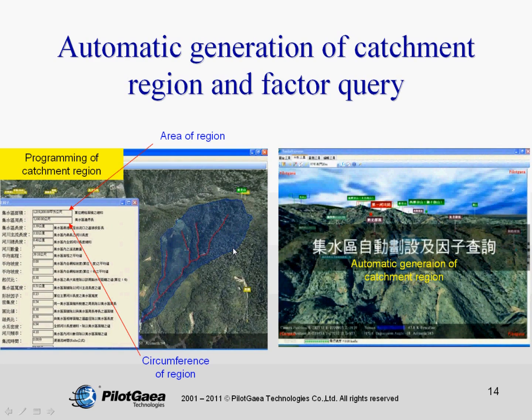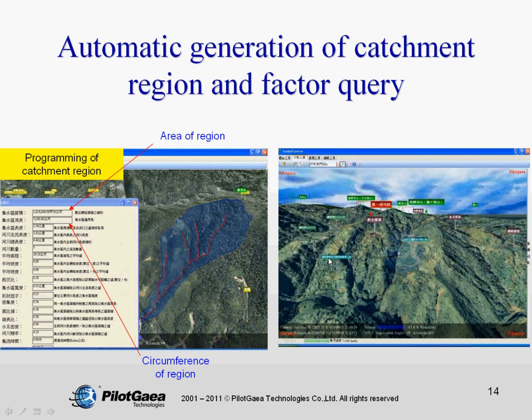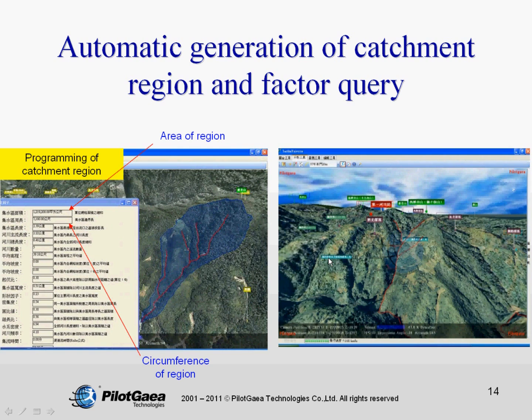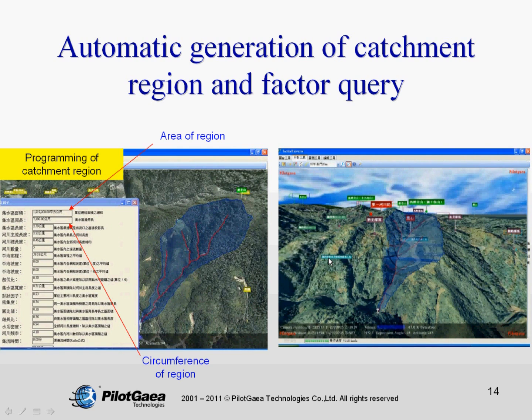This page shows the automatic generation of catchment region and some other vector queries. The generation of catchment region can be understood from the animation on the right side. First, draw a river. Set some selected positions and set a confluence position. Then, the system will calculate a whole catchment region automatically.